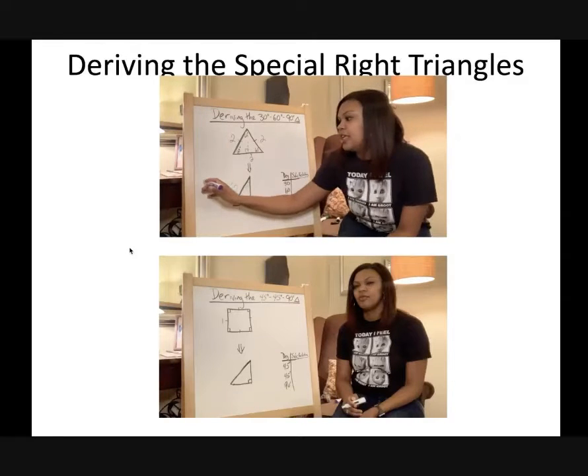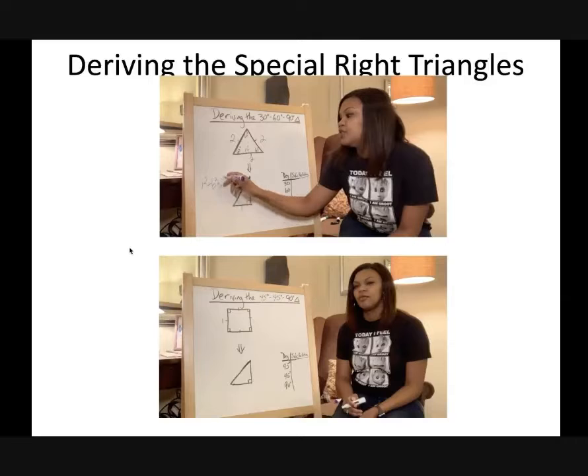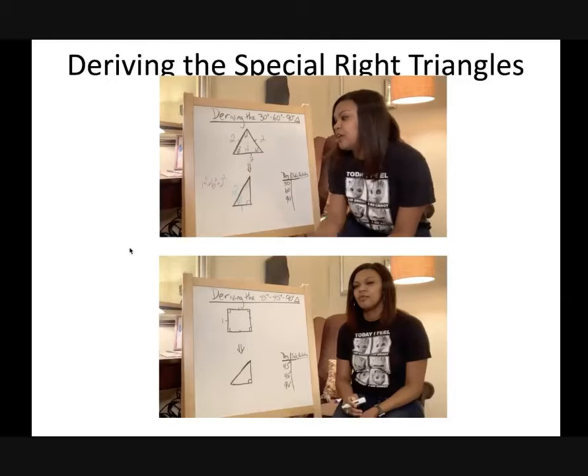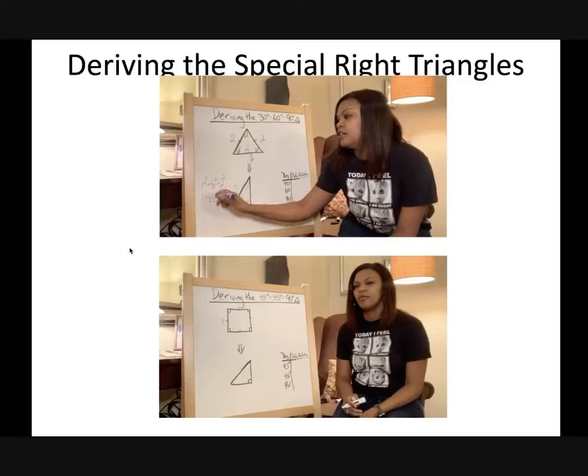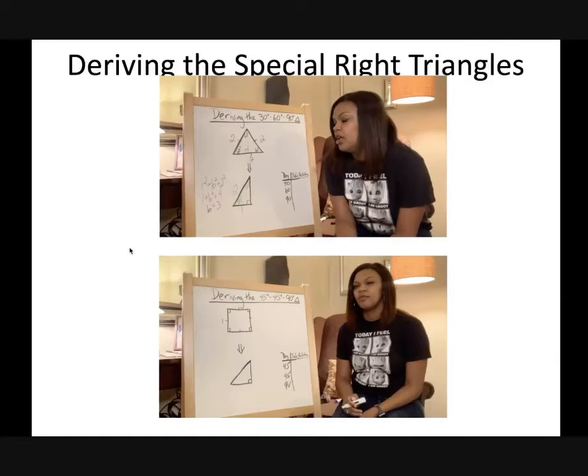We can state that 1 squared plus b squared is equal to 2 squared. Now this is the same as 1 plus b squared is equal to 4, and b squared is equal to 3.